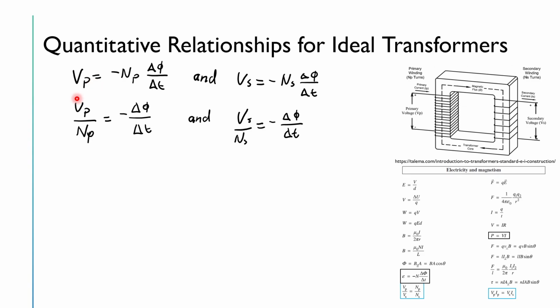So what I've written here is that for the primary coil, the electromotive force, or Vp, is equal to the number of turns in the primary coil multiplied by the change in flux over the change in time, which will be dictated by the alternating current.